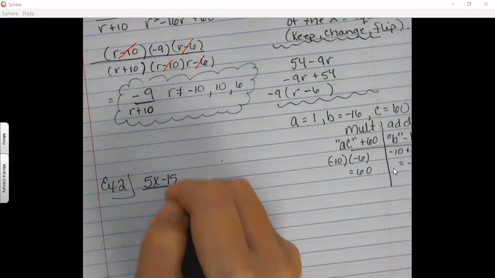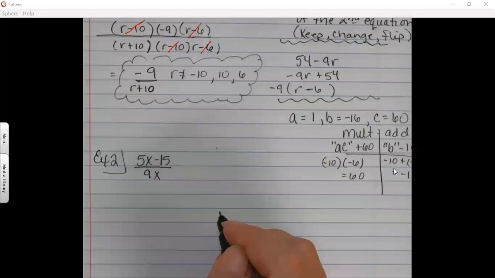This makes me crazy. Really makes me crazy. All right, and then that will be divided by x squared minus 8x plus 15, and that is being divided by 9x.